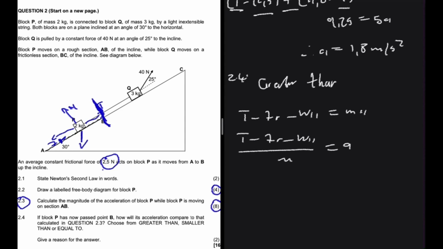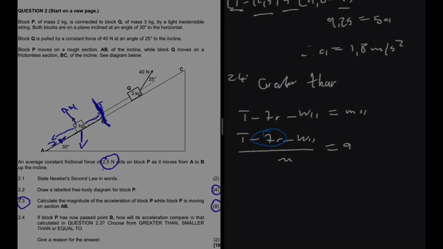It's easy to see here that if we lose this frictional force, our numerator would have a higher value, meaning that our acceleration will be greater as our F net is now greater. We know that acceleration is directly proportional to the F net, so that's why we're saying that the acceleration will actually be greater.